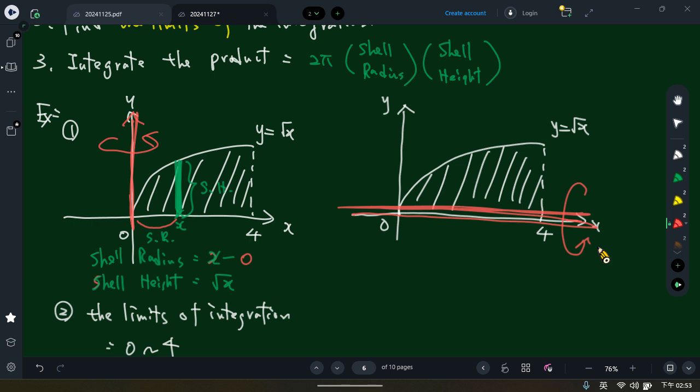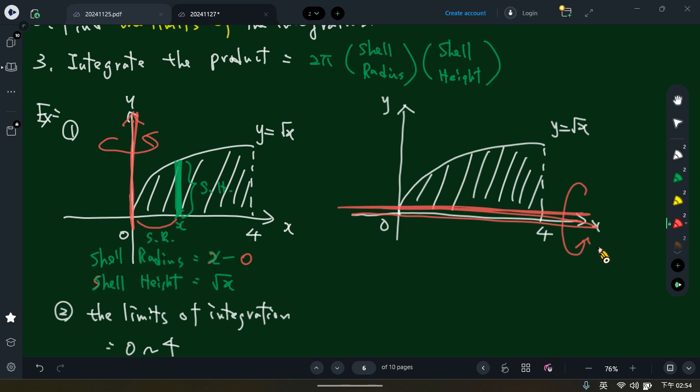The first way we already learned, the disk method or washer method. This method, you can see, it's simple, right? We just use this as a radius. Then rotate, then we can get this. So we can simply use this method. It's more than enough. But this case also can be solved by using shear method.